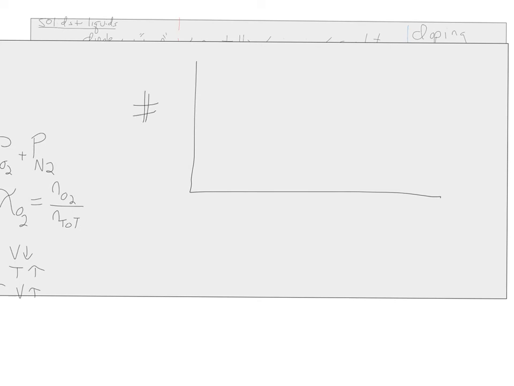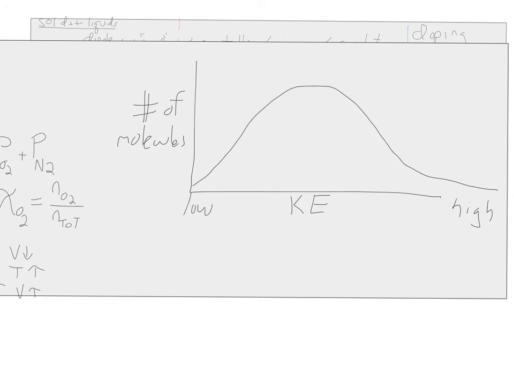It's just a general counting number of particles. And the x-axis can be anything. It could be speeds, it could be energies, whatever. But if we have a distribution of particles, we see that we have a very wide distribution. Some are very high energy, some are very low. And this is the distribution of all of the molecules in the gas, all the different energies they have.